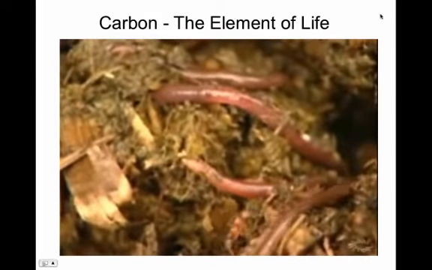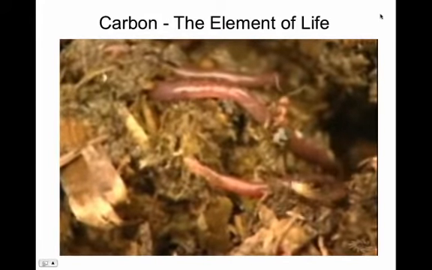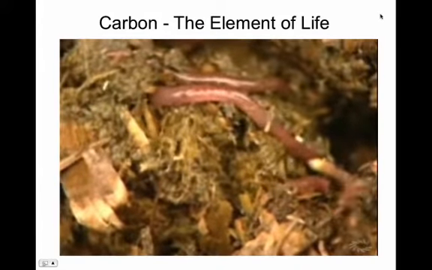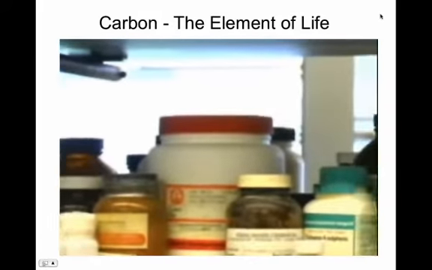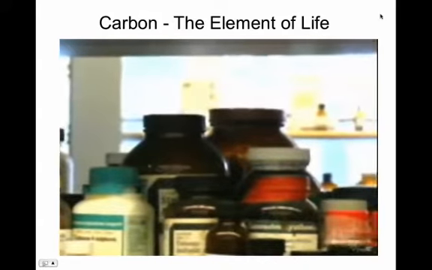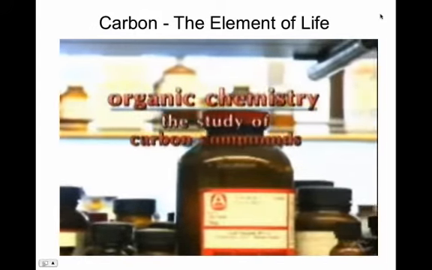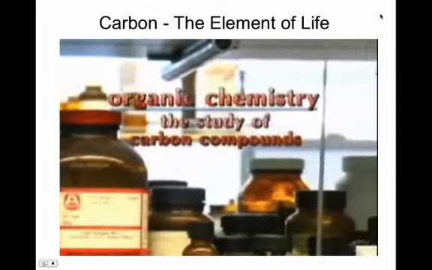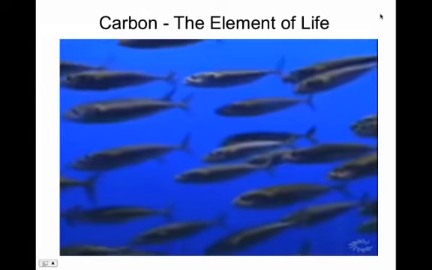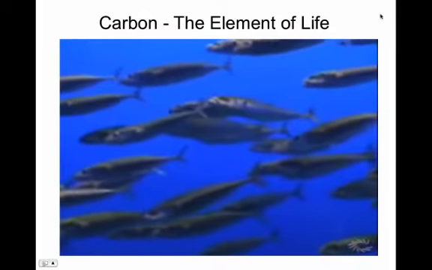Organic matter, to a chemist, is any material made up of substances that are living or were once living. The element carbon is the basis of all organic substances, and sometimes organic chemistry is defined as the study of carbon compounds. Carbon has been called the element of life.